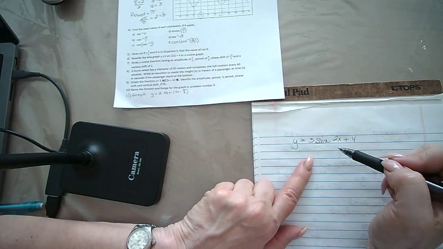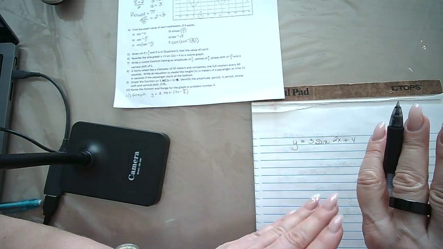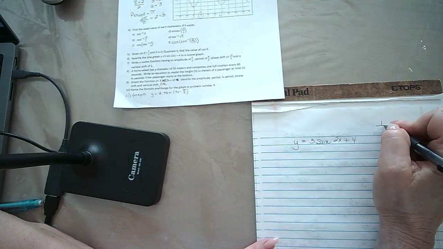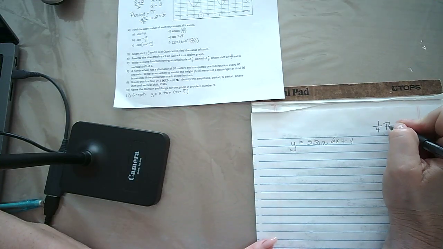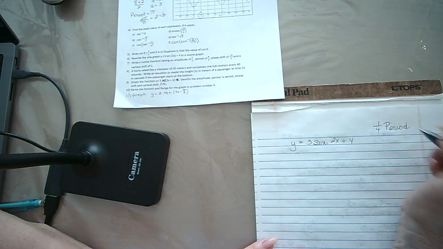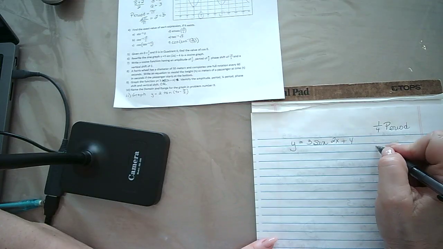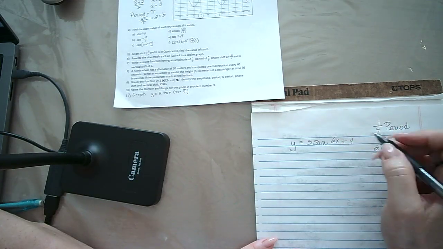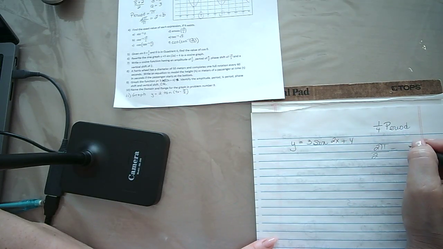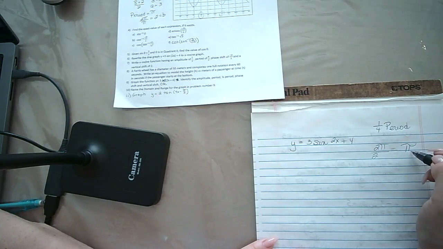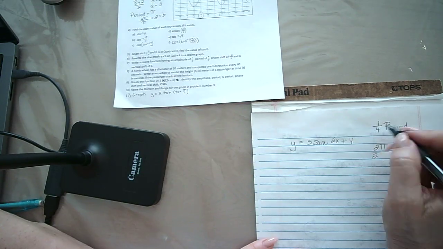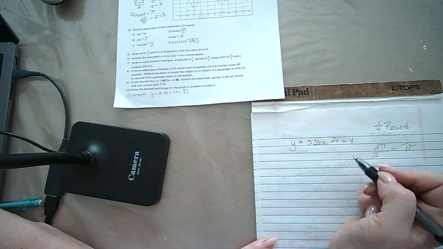Okay, so to do that, I'm going to shift it over 1/4 of the period. So I need to know what the period is. Well, the period is 2 pi divided by b. So the period is pi. So now I just have to move it over 1/4 to the right.